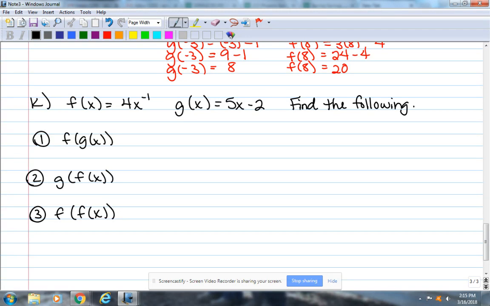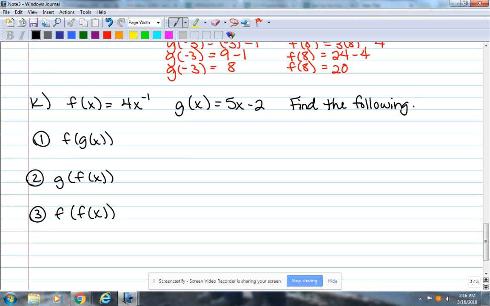Okay. We don't know what x is. So we're not going to get a nice, pretty little number for our answer like we just did. Okay? But what we are going to do is we're going to get another function. So you're starting with two functions and you're getting another function. Okay? So what you're going to do is you're going to take the inside function and put it into the outside function.